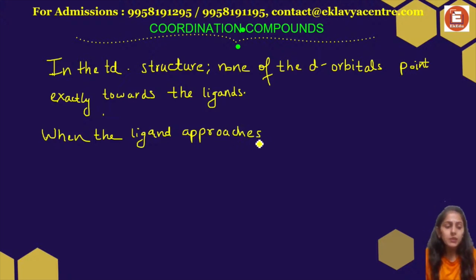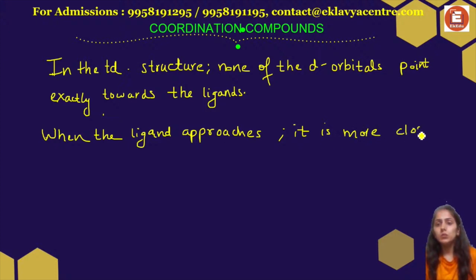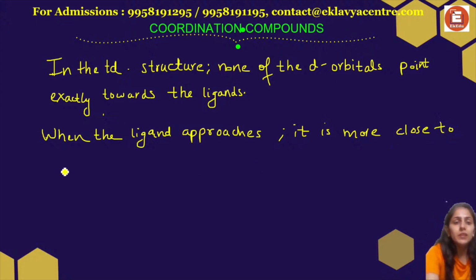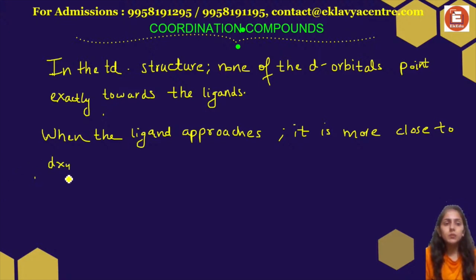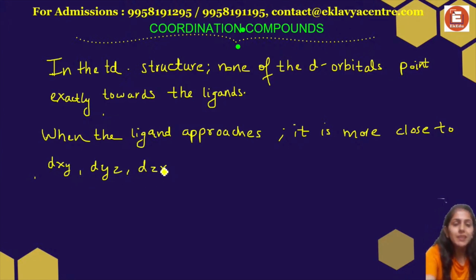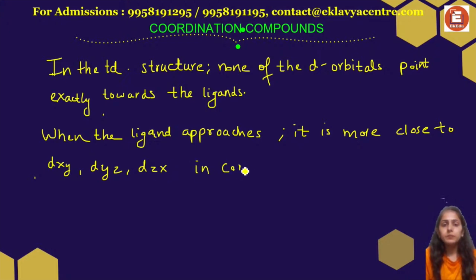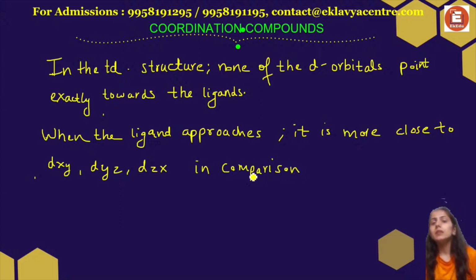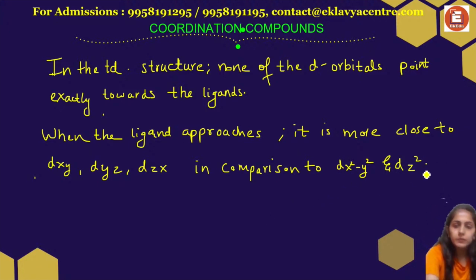As I've shown in the picture, it is more close to dxy, dyz and dzx, in comparison to dx square minus y square and dz square.